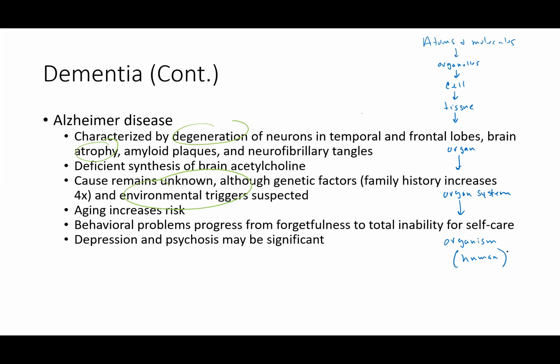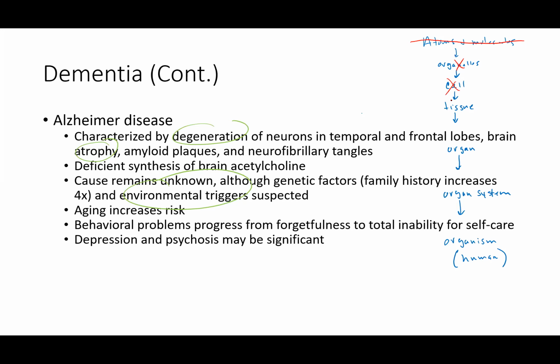So what happens is when you start looking at certain parts of the disease process, outside of trauma, okay, trauma is an exception, when you hurt enough atoms and molecules, then you're going to hurt the organelles. And if you hurt enough of those, then the cell gets hurt.